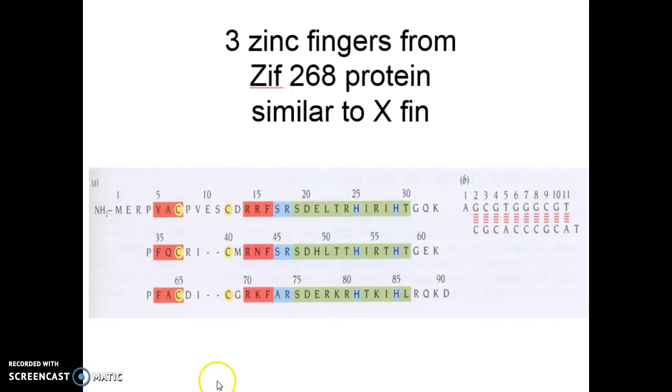The actual zinc finger and DNA complex came from a different zinc finger, the Zif268 protein. We are looking at the 3 zinc fingers, each composed of 2 beta strands followed by an alpha helix, and also the DNA that could be recognized by this zinc finger.